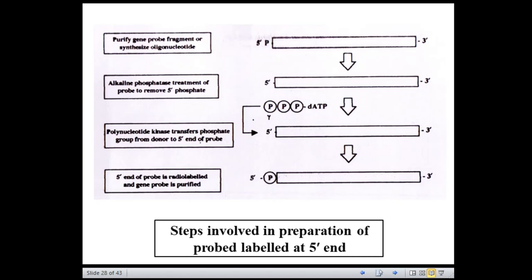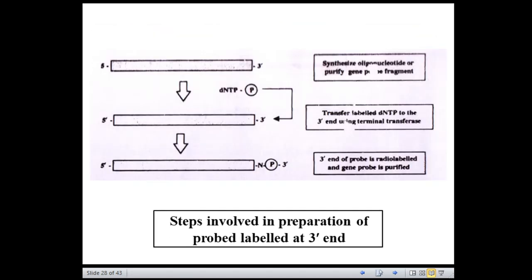Similar to the preparation of the probe labeled at the 5' end, we have a preparation method for the probe labeled at the 3' end. Labeling the 3' end of the DNA molecule is slightly less complex than the previous one. What happens here?